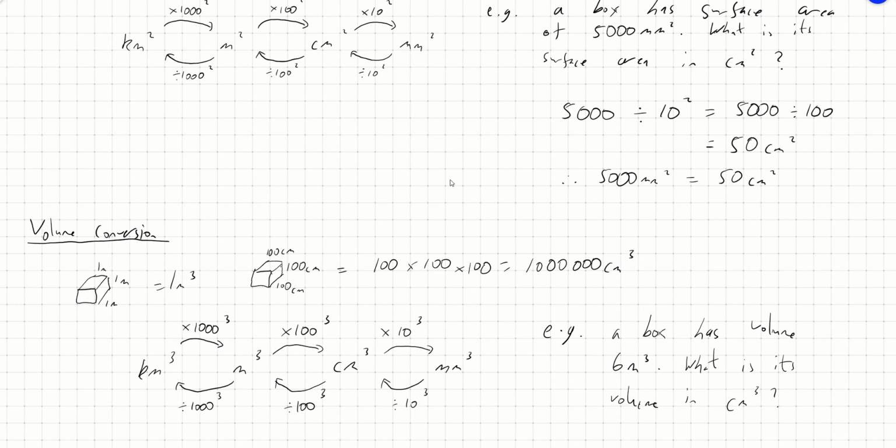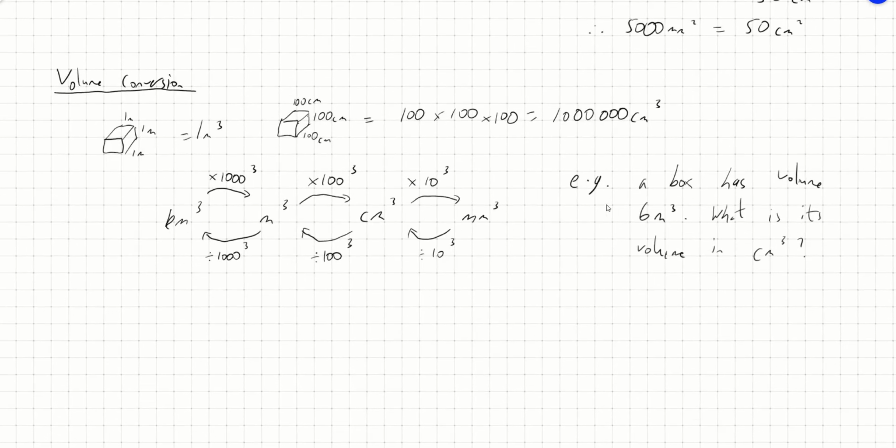Okay, so to convert from meters cubed to centimeters cubed, we're going to multiply by 100 cubed. So 6 times 100 cubed is equal to 6 times 1 million, which is equal to 6 million centimeters cubed. So 6 meters cubed is equal to 6 million centimeters cubed.